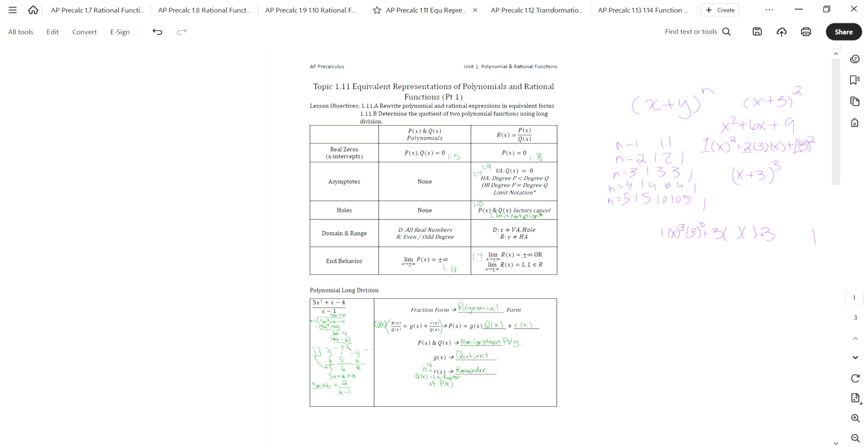So if this is x to the third, x squared. So then what's going to be the exponent if it's 3 to the 0? What's it going to be here? 3 to the first. What's 2 plus 1? 3.